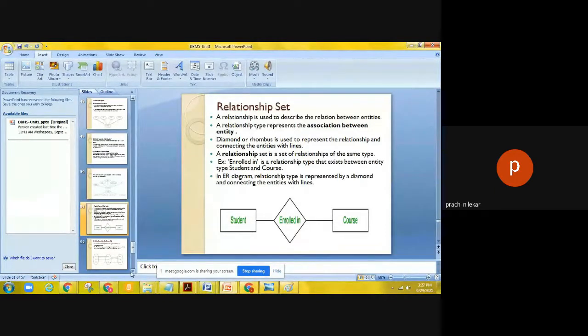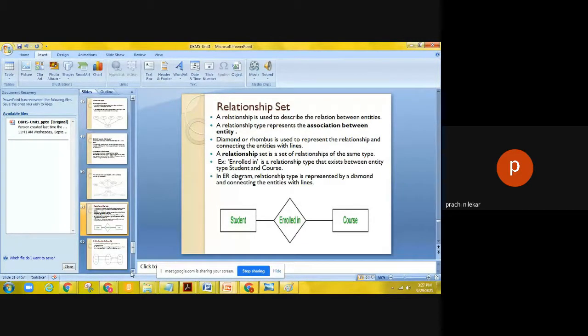Okay, is that clear? Yesterday we also saw one example: an employee works for an XYZ organization. In this example, which are the entities? Employee and XYZ organization. Yes. And what's the relationship in between?